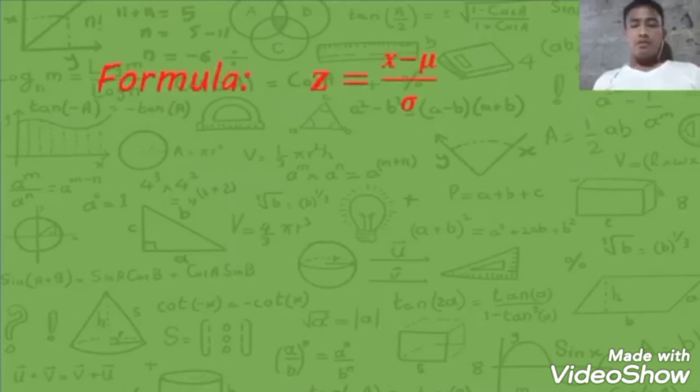We're going to use this formula for converting the raw score to a Z-score. We have the formula here. Z is equal to X, the raw score, minus mu, the mean, all over sigma, the standard deviation.